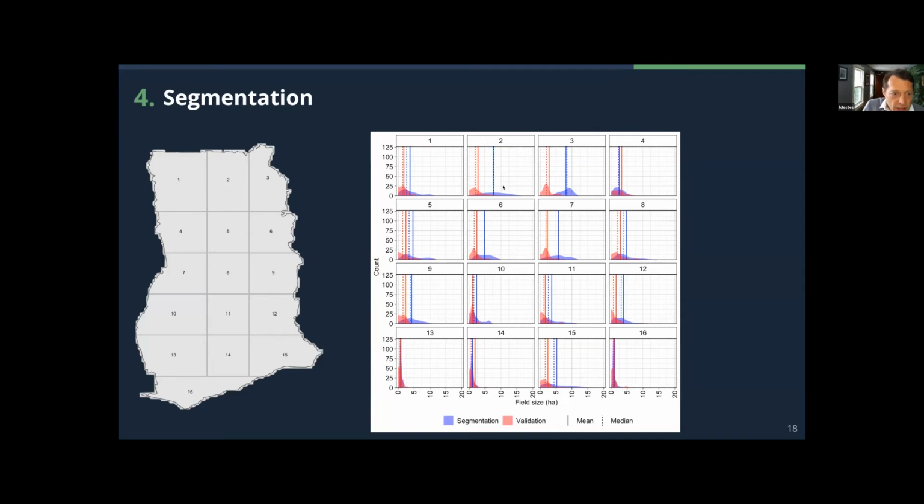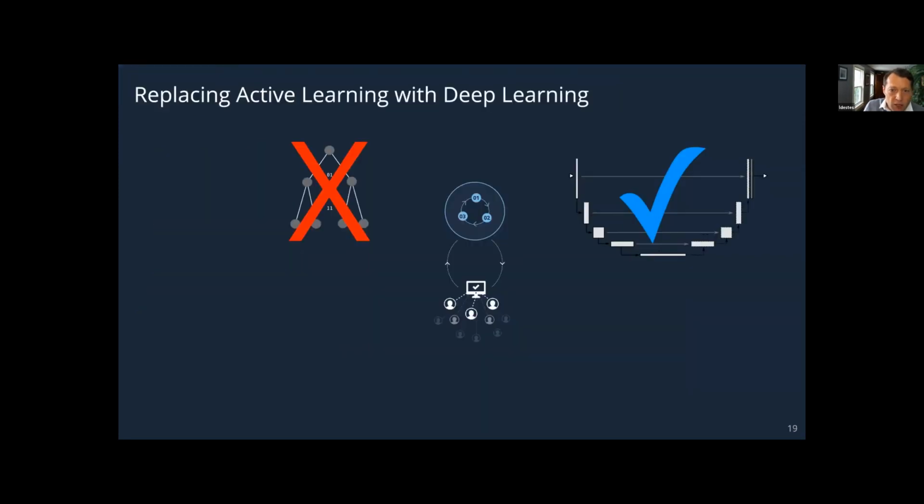So that brings us to what can we do with newer generations of classifiers, particularly deep learning ones. So we've been replacing our random forest model in our active learning process with convolutional neural nets, particularly UNets, starting off with those now, and testing to see how well those improve things.